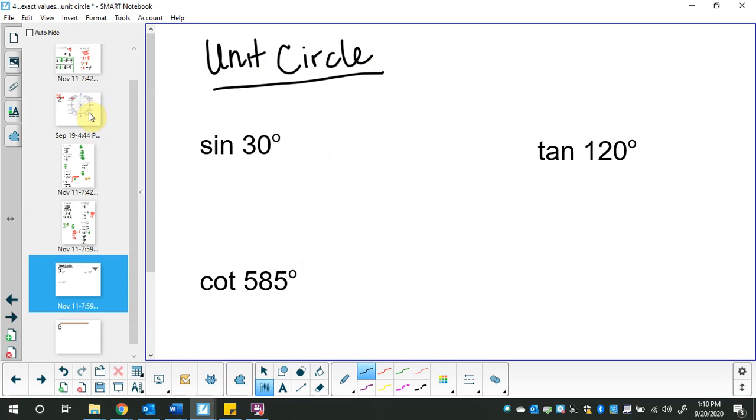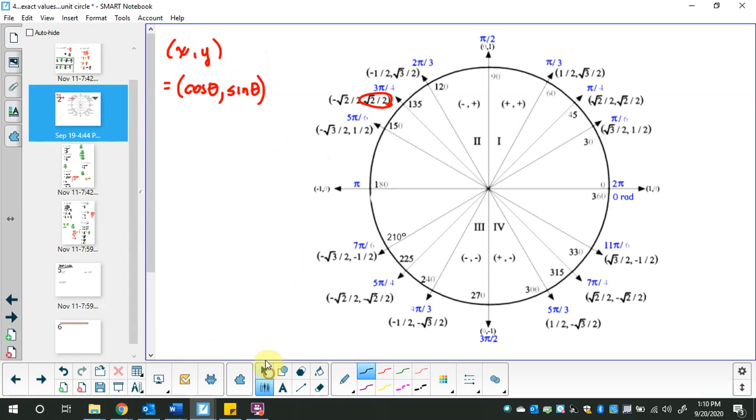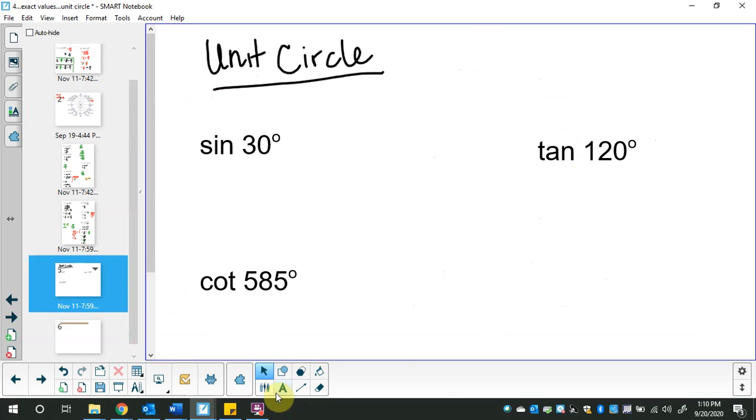So here's my unit circle. I need sine 30 degrees. So here's 30 degrees. Sine is the second one. So all I have to do for that one is write down a half. No biggie. Tan 120. 120 is on the unit circle.